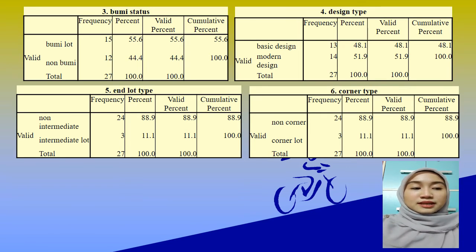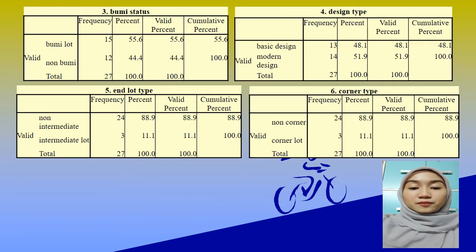Referring to the next frequency table, which is the fifth frequency table above, it shows the variable of end lot type. There are two end lot types, which are non-intermediate and intermediate lot. The frequency for non-intermediate is 24, with 88.9% valid percent and cumulative percent.